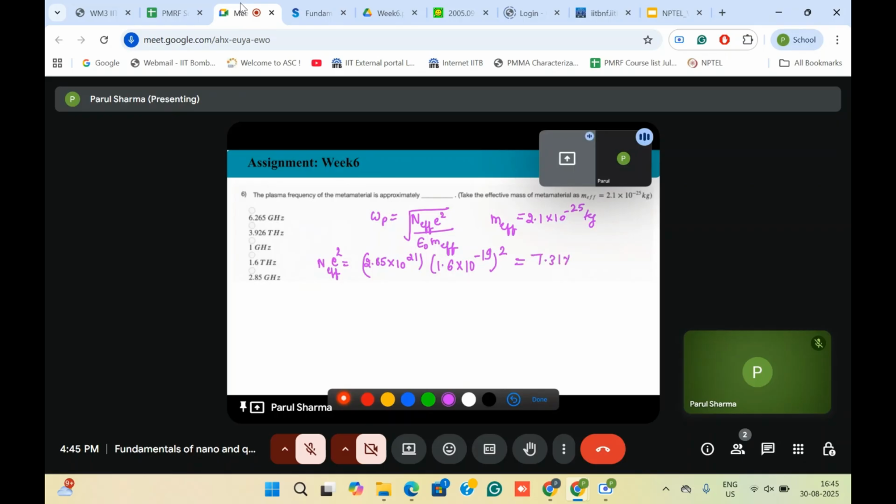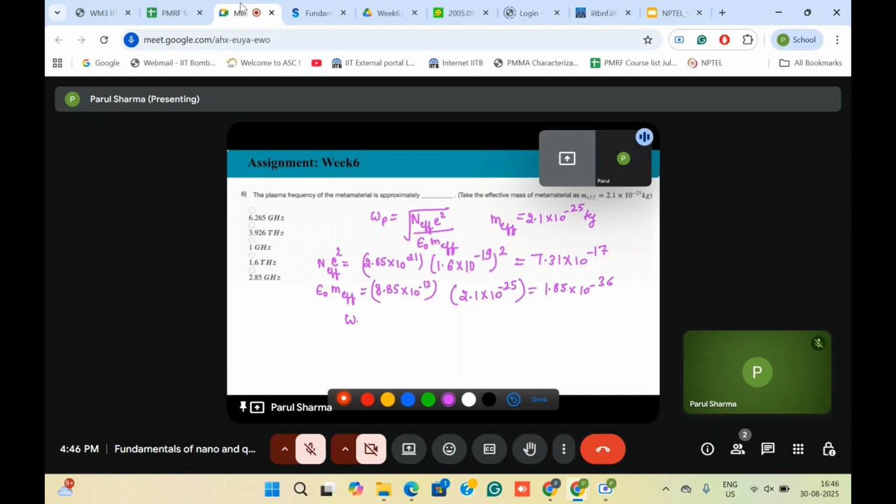It will give you 7.31 into 10 raised to power minus 17. Now epsilon naught into m effective is equal to 8.85 into 10 raised to power minus 12 times 2.1 into 10 raised to power minus 25, which is equal to 1.85 into 10 raised to power minus 36.